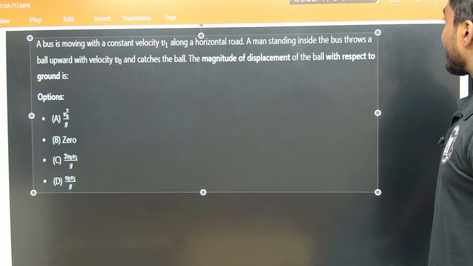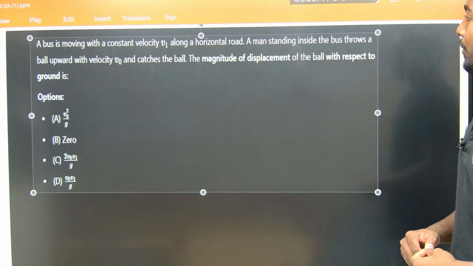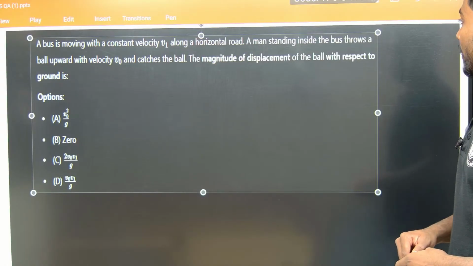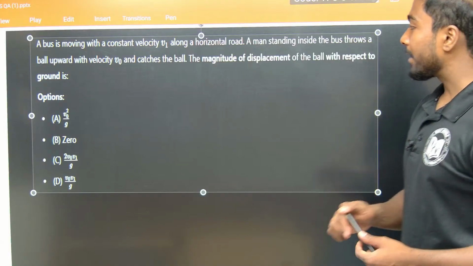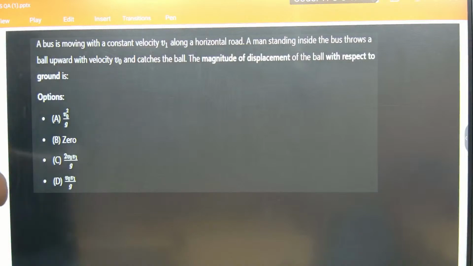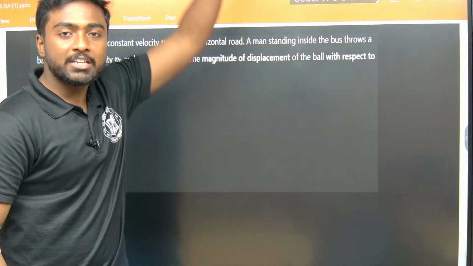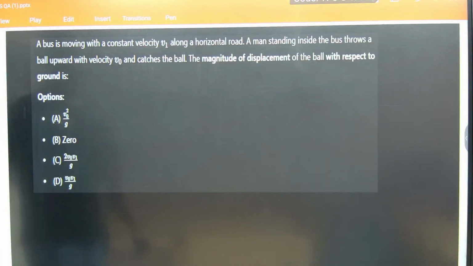A man standing inside the bus throws a ball upward with a velocity v0 and catches the ball. The magnitude of displacement of the ball with respect to ground is. So they are asking the magnitude of displacement, no. So first I need to find the time taken by the ball to reach up and to come down. If I find that, I can find the displacement, like they have given the velocity.